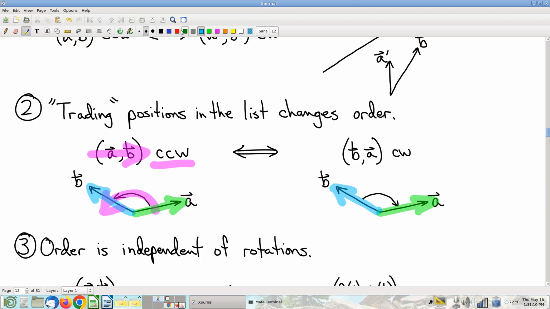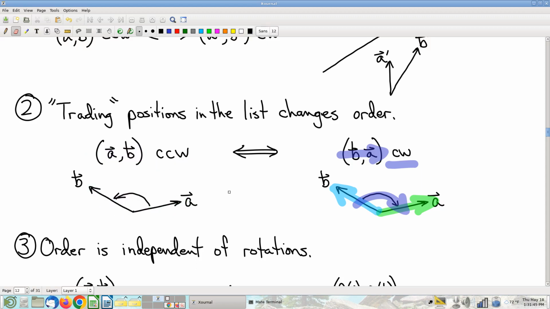But if I change the order that I write them down, where B is first and then A is second, notice that changes counterclockwise to clockwise. Now, you could say that's a silly observation. Of course it is. You're just literally saying go backwards. Okay. But still, this algebraic process of changing the order in the list has the geometric consequence of turning clockwise into counterclockwise and vice versa. So it may be obvious, but it's meaningful.